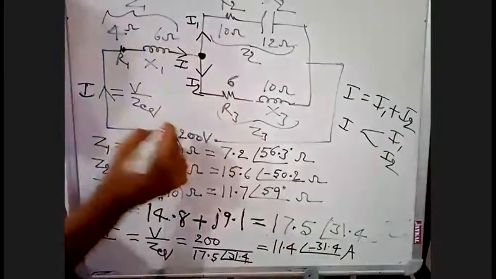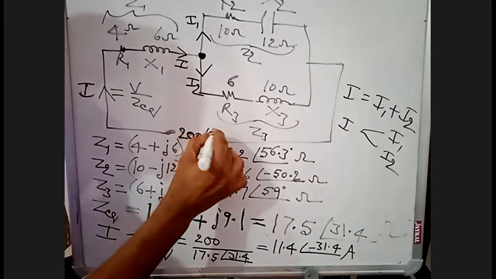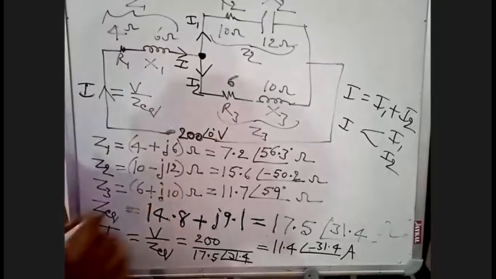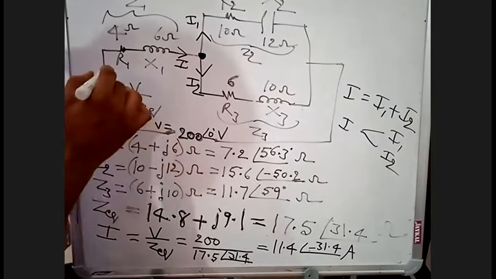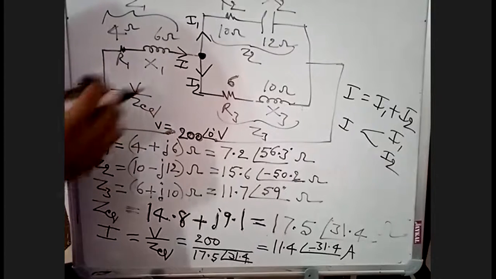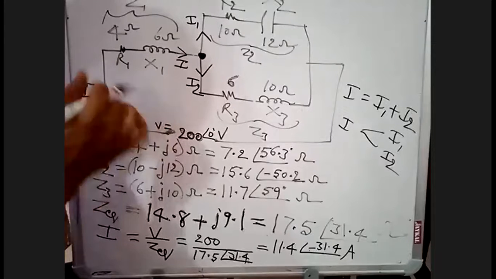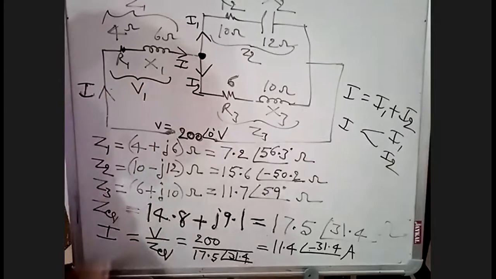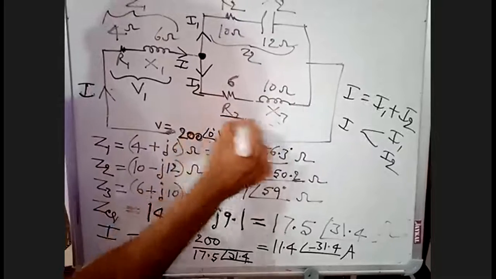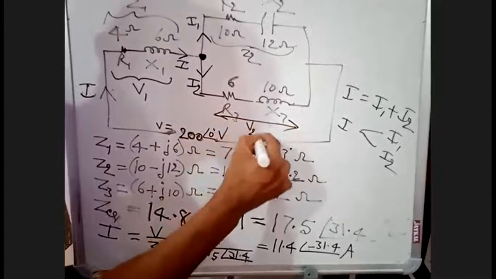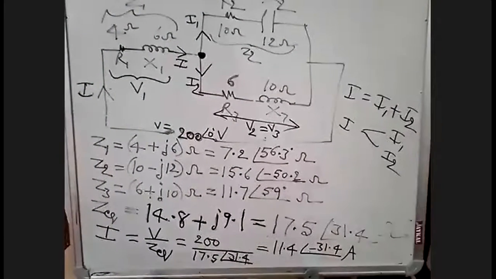See here, 200 at an angle 0 volts. This is the total voltage V. Now this voltage will divide across Z1 plus the parallel combination. Why have I written V2 is equal to V3?